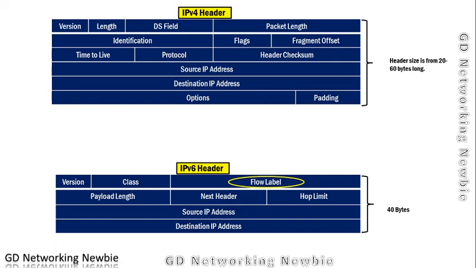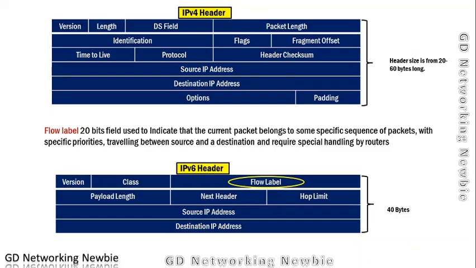Now the next field is the flow label. This is a new field in IPv6, and it is a 20-bit field, used to indicate that the current packet belongs to a specific sequence of packets. For example, we have a source and a destination.